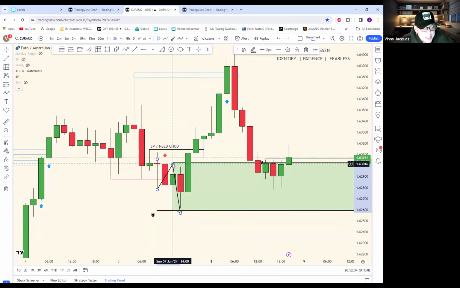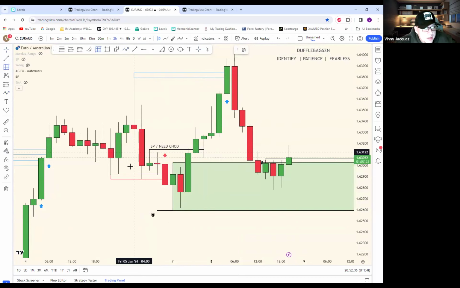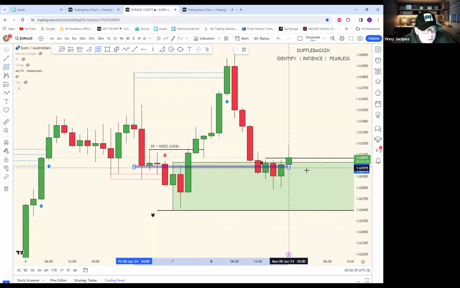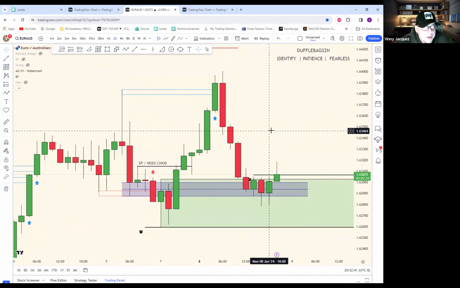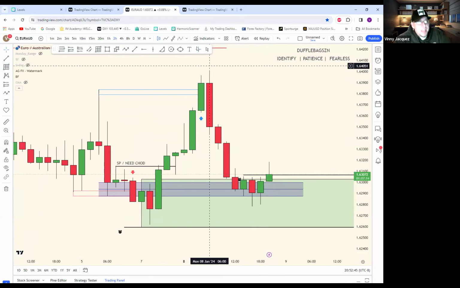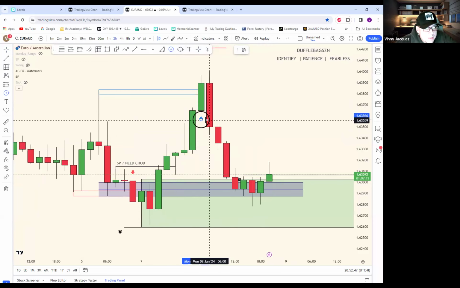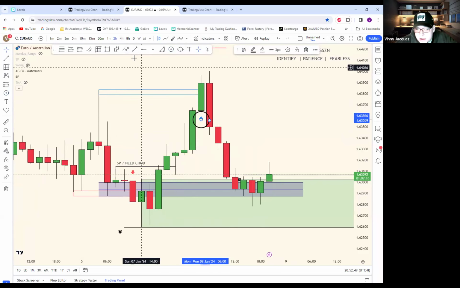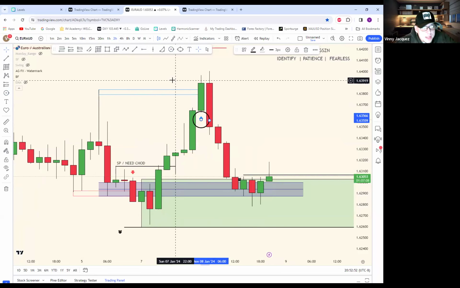Guys, as soon as we get that change of character, let's start looking at that inverted one. And then levels did us a solid again with the BOS. Really, it's our change of character, but it's going to say BOS, so we should start looking for buys.